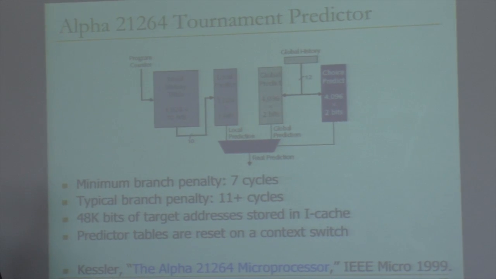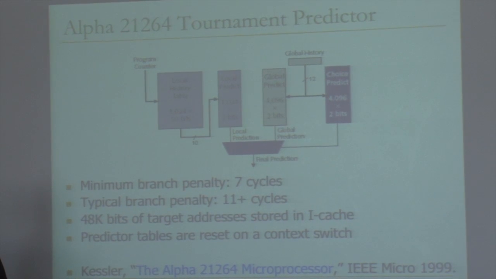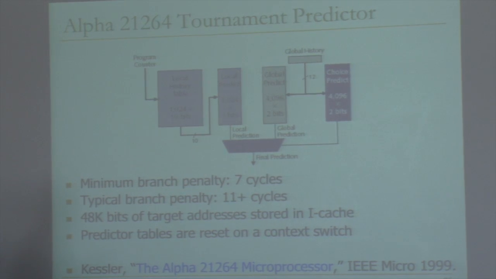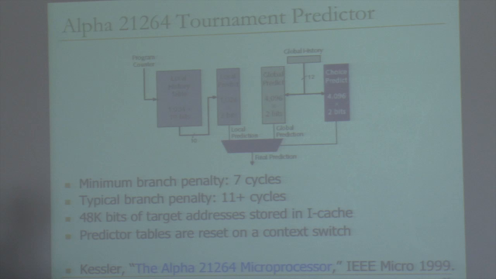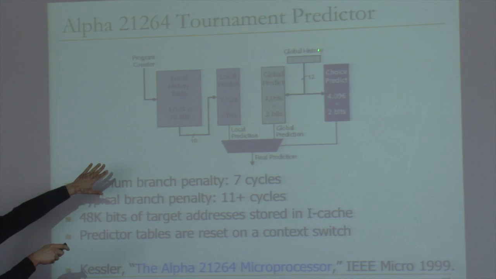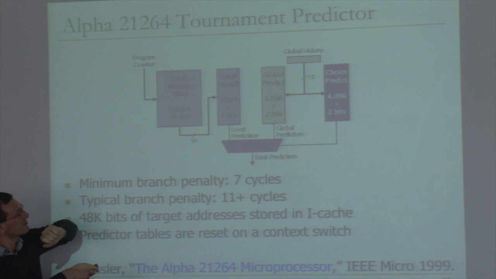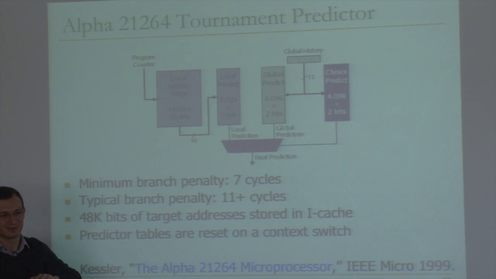Which is more complicated. So here they chose not to make the hardware so complicated. They chose not to include that PC information. They include the PC information purely for the local predictor. But you could have had this local predictor and that G-share predictor over here, and then still have a choice predictor.